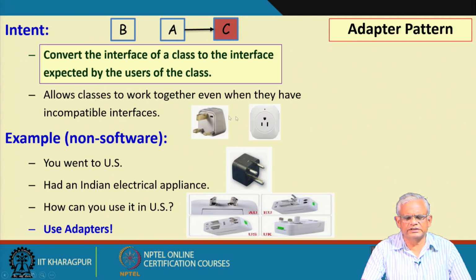The adapter fits in here, and the charger can sit on the adapter, and we can make it work. But what if we visited different countries, like let us say Australia, UK, European Union and so on?